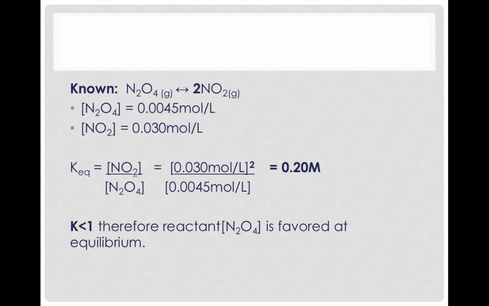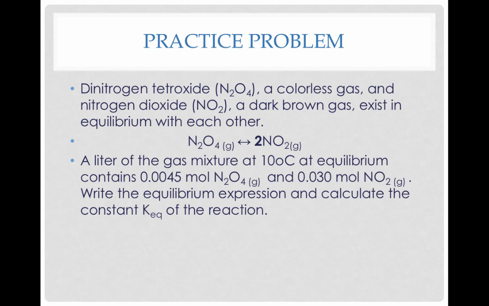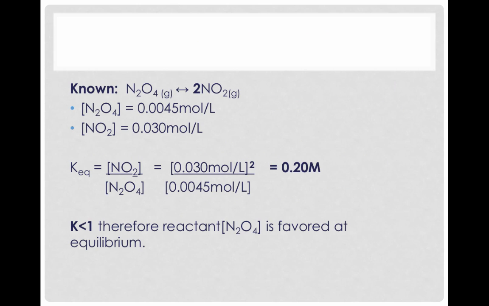All right, so what do we know? We know the equation is balanced, and we know the concentrations of each of the substances at equilibrium. So you notice how I put 0.0045 moles divided by 1 liter, as well as 0.030 moles divided by 1 liter? That's because in the problem it says a liter of gas mixture. So you have a total volume of 1 liter, therefore it is moles divided by liter. That gets us a concentration, and we can plug them into the equation.